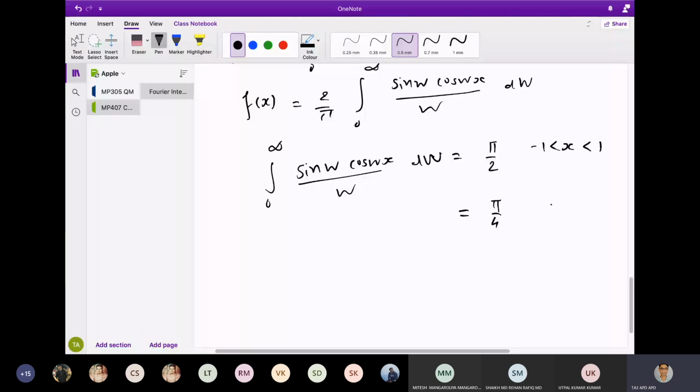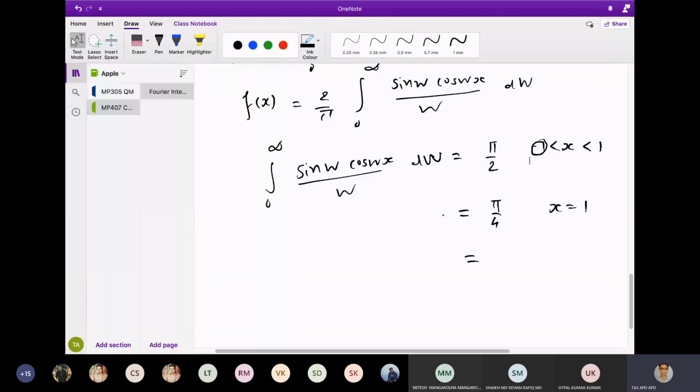So at x equal to 1, the value of the integral is pi by 4. Because our limit is from 0 to infinity, we are just taking it in that sense. Maybe this should be replaced by 0 less than x less than 1.